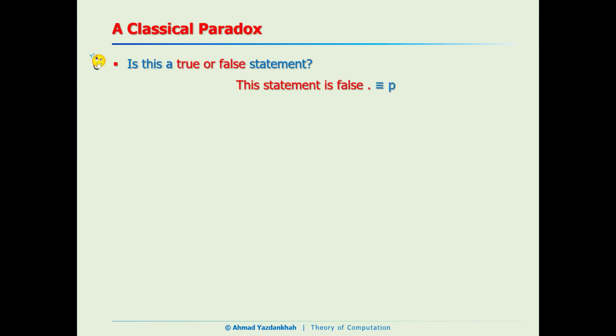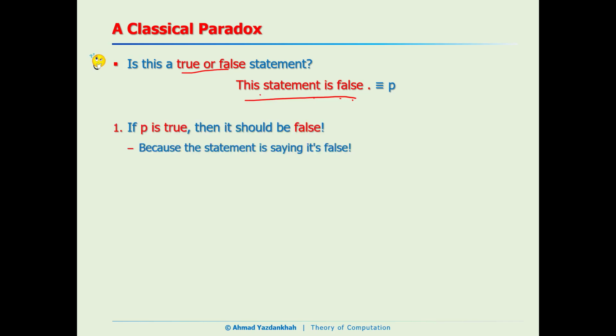Another one. This is actually a classical paradox. Is this a true or false statement? This statement is false. Is it true or false? Again, we have two possibilities. If we say this is true, then it should be false because the statement itself is saying that I am false.